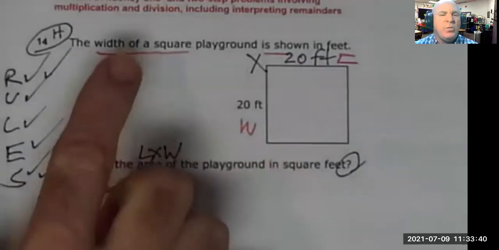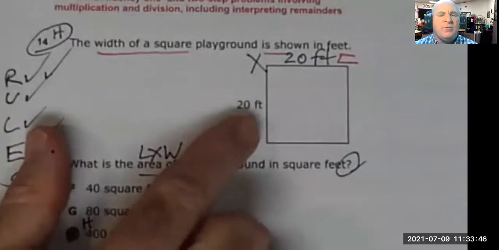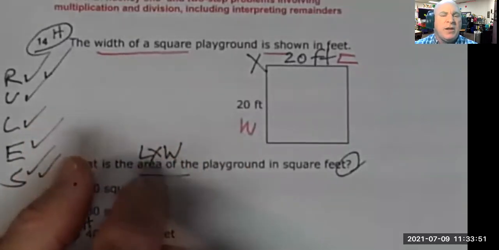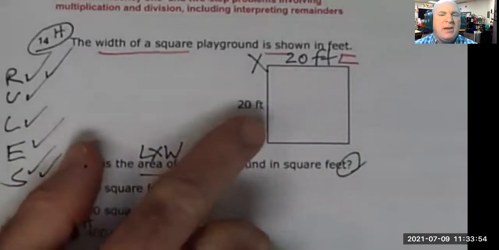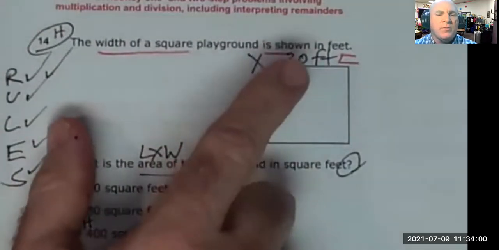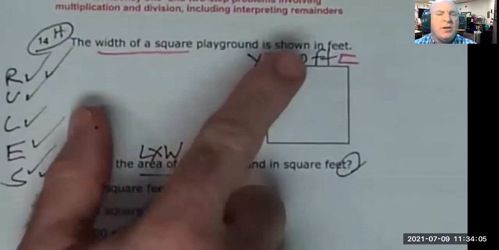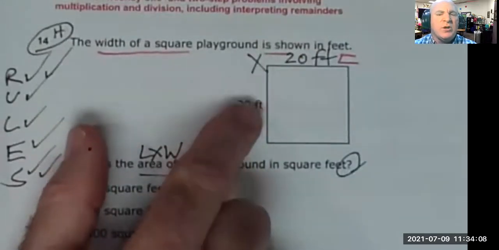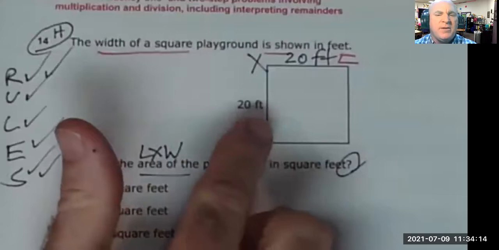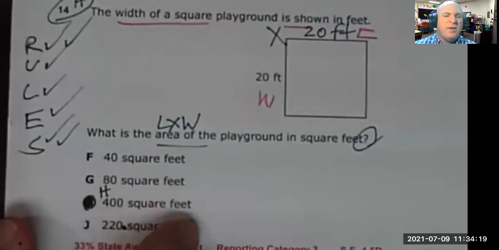Well, up here it says the width of the square playground, W width, is shown in feet, 20 feet. Well, according to area, all we need to do is take the width that they already gave us and multiply it times the feet. What is 2 times 2? 4. What do we have left? 2 zeros. So 20 times 20 is 4 with 2 zeros, 400. And because this is a two-dimensional object and we're multiplying feet times feet, it would be 400 square feet.